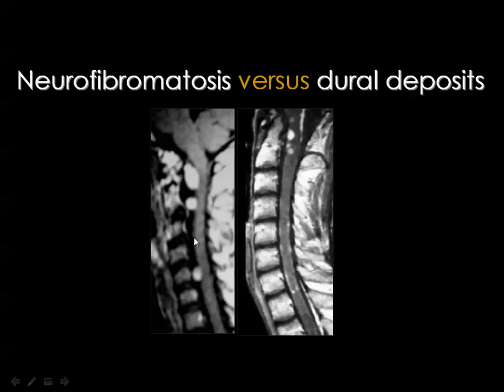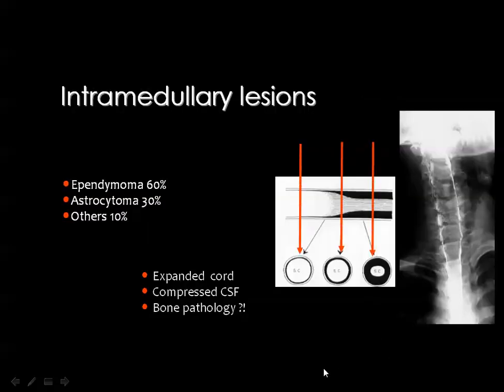They do not affect the surface of the cord, but these lesions are nodules, and you can appreciate easily that they are intruding inside the substance of the spinal cord. They are not located actually within the subdural space, but you see this thickened, enhanced leptomeninges, and you see the nodules that are impinging or insinuating themselves inside the substance of the spinal cord. This is the difference between both.